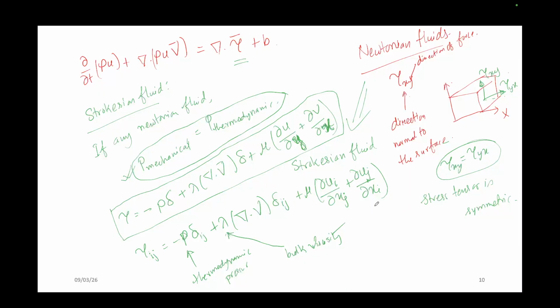Now what did Stokes propose? Stokes proposed that for a Newtonian fluid, if this thing is followed, that means P mechanical equals P thermodynamic, then I can write this. This is bulk fluid viscosity, na? This bulk fluid viscosity follows a formula which is minus 2 by 3 of mu.